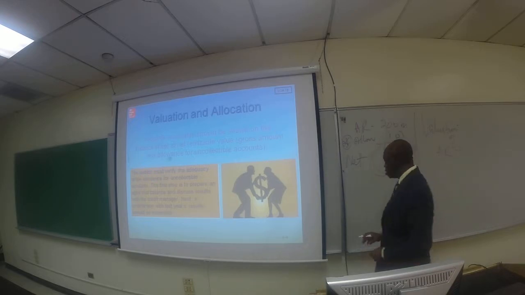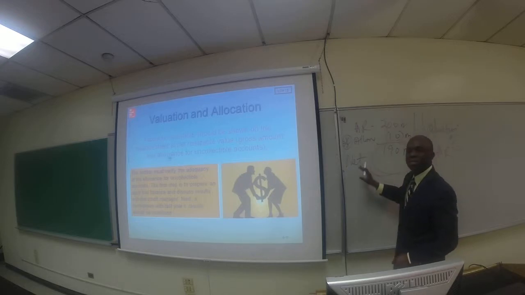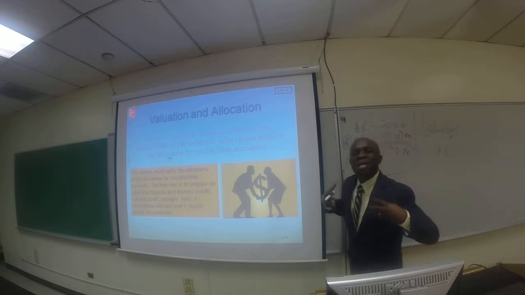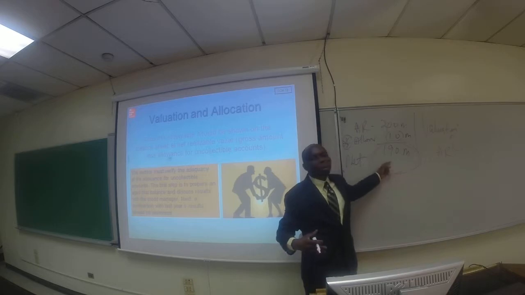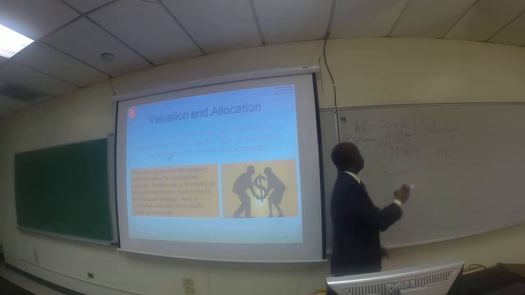So let's take a look at the situation that we have here. If the customer has $200 million accounts receivable and they make a provision for $10 million that might not be collected, then at the end of the day, the customer is reporting $190 million net realizable accounts receivable. But guess what?